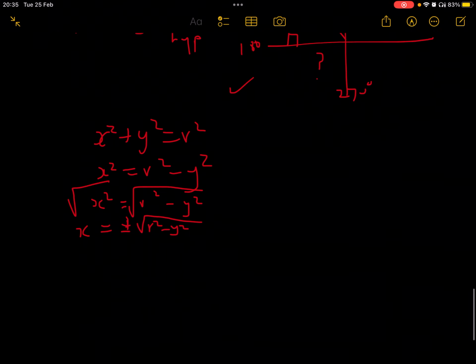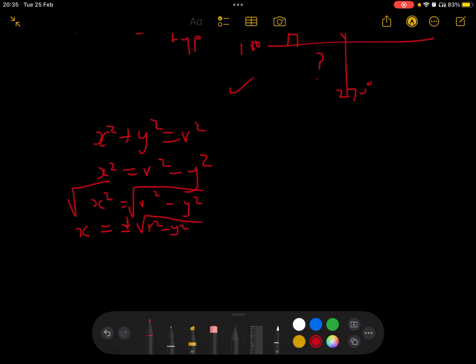And thus we are going to have plus or minus the square root of 13 squared minus 5 squared.